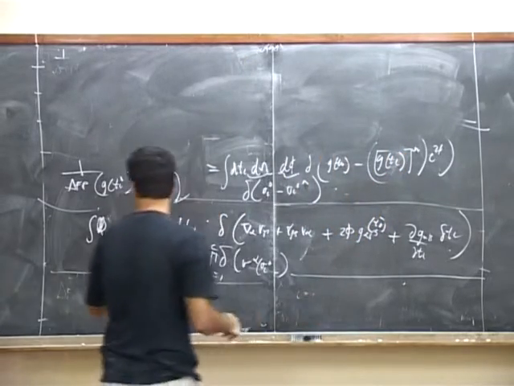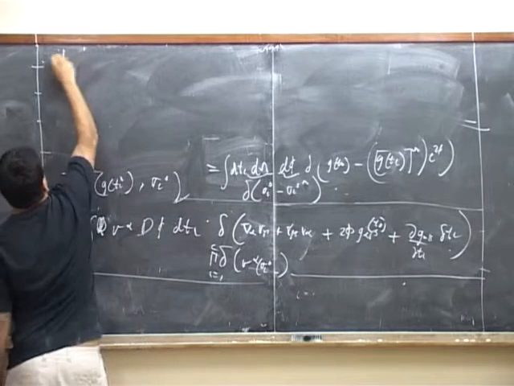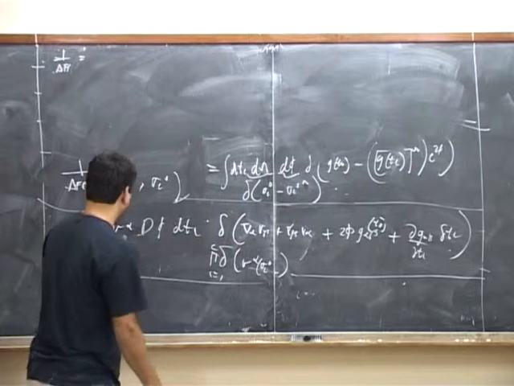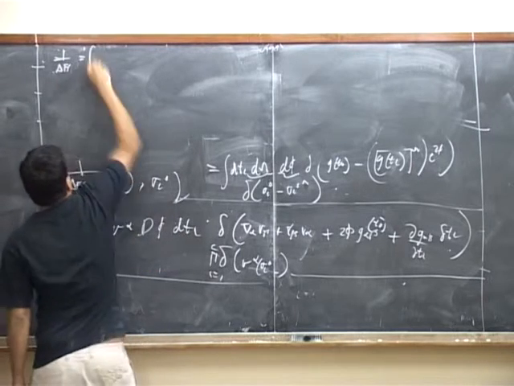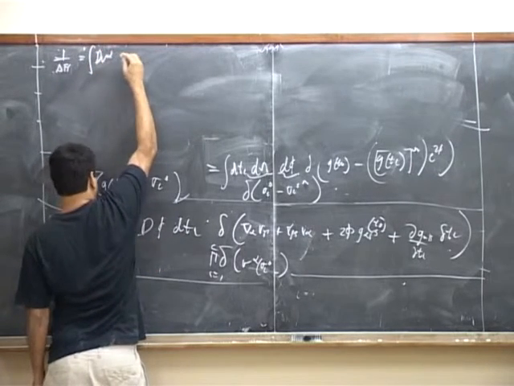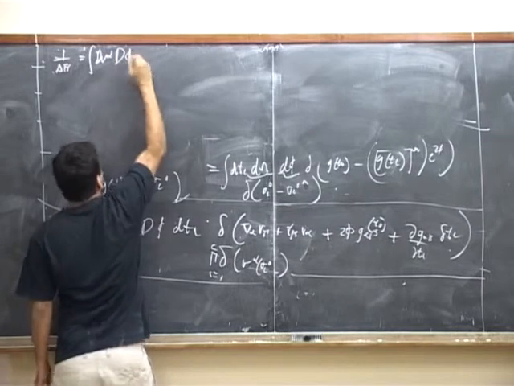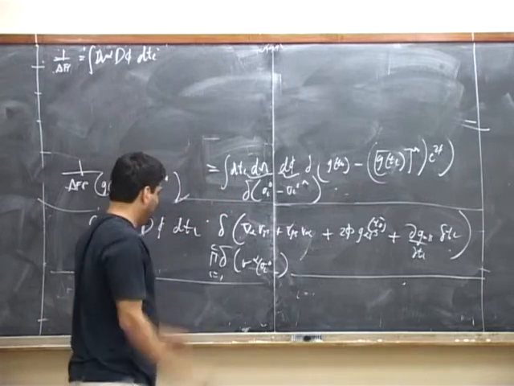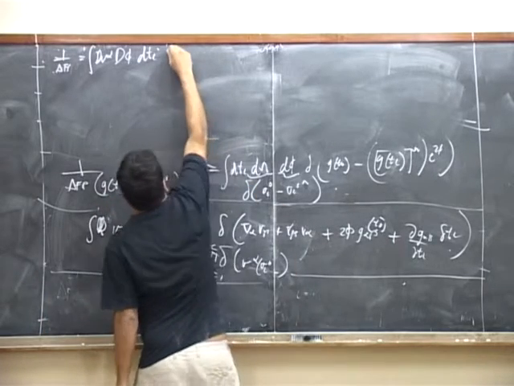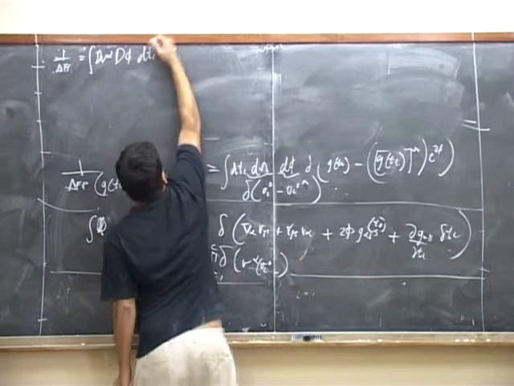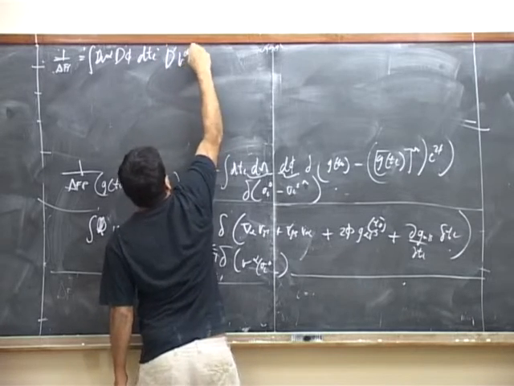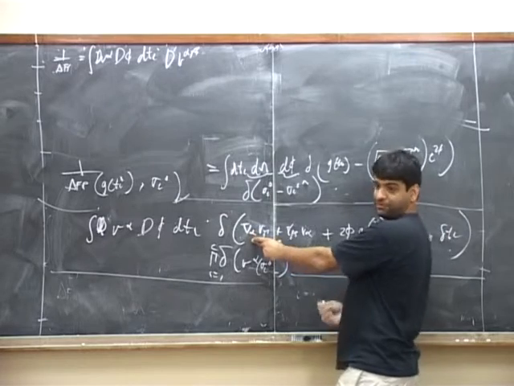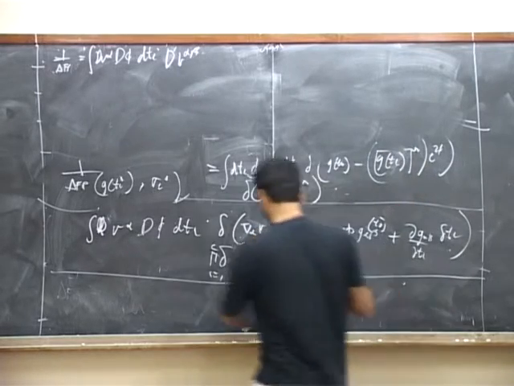So, the first place we use this identity is we have 1 over delta xp is equal to, now we have many integrals, like integral of v alpha, d phi, dti, and then we have, let's call it b alpha beta. This will be the Lagrange multiplier for this delta function.